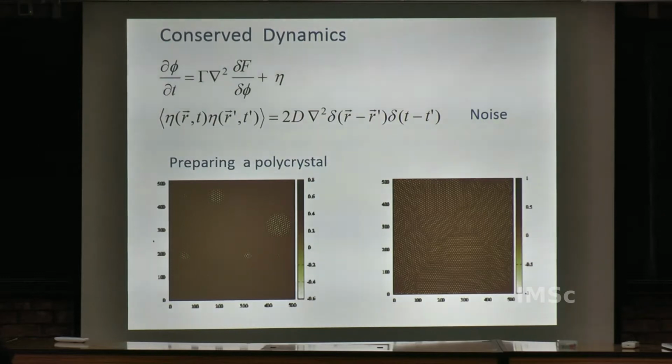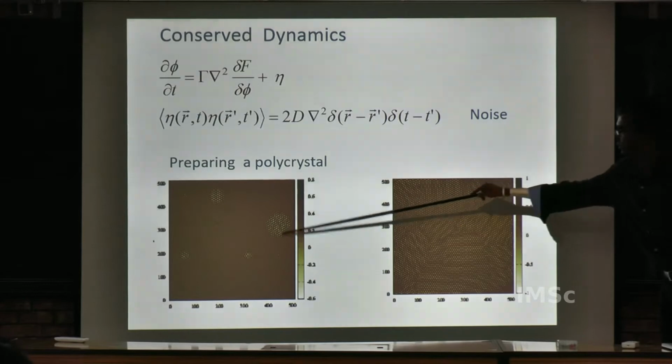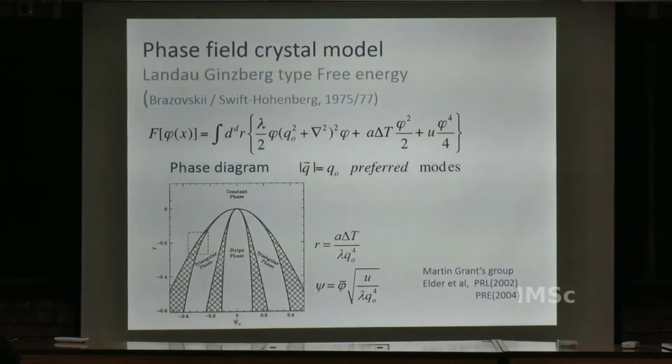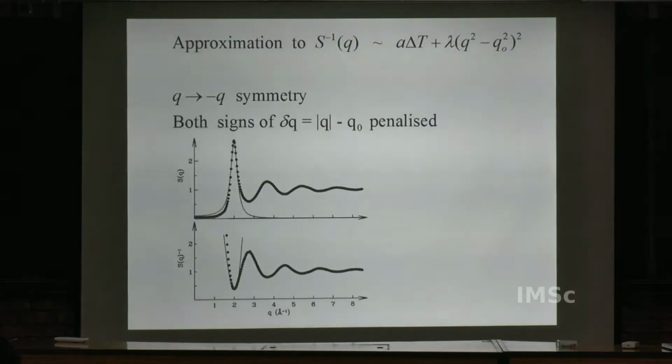Now if you want to create a polycrystal, then you would put few nuclei whose orientations are somewhat random, and they will grow and they will merge, and you will get a polycrystal. So this is just to say that you get this sort of phases, which is a correct thermodynamic phase for 2 dimensions.